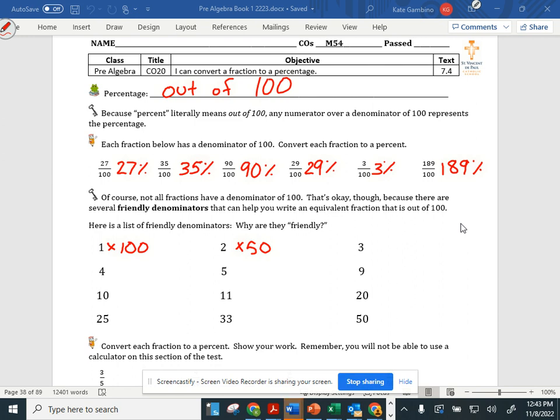Aiden? 33. So remember when I said it'll get you to 100 or super, super close. What is 3 times 33? 99.